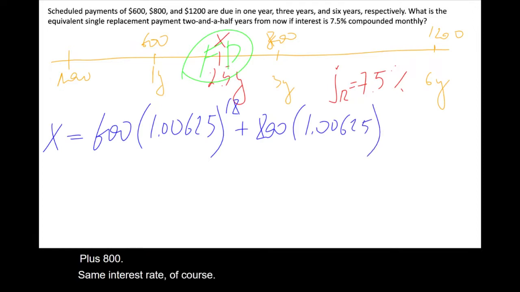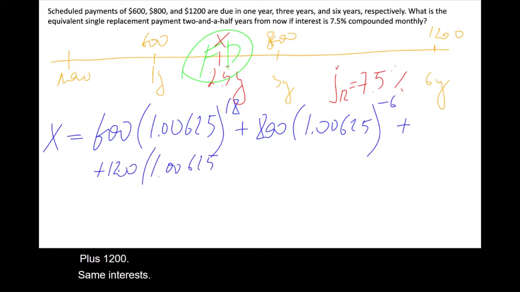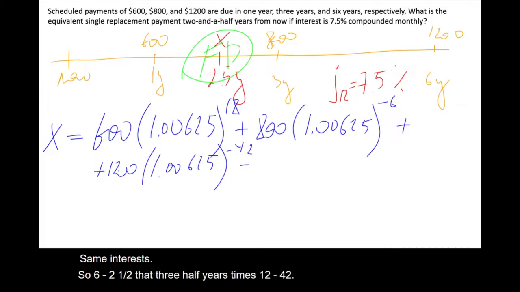And I have what, half a year, minus 6, plus 1200, same interest. So 6 minus 2.5, that's 3.5 years, times 12, that's 42.